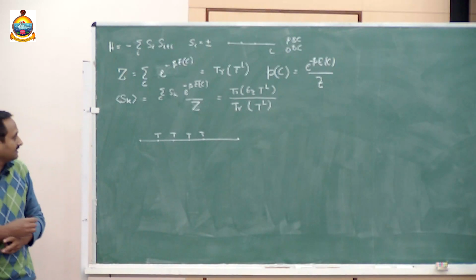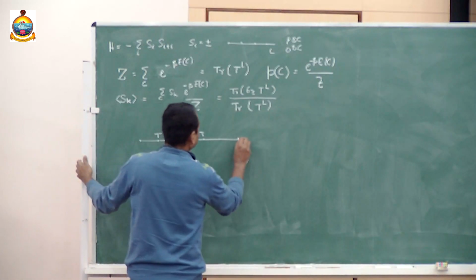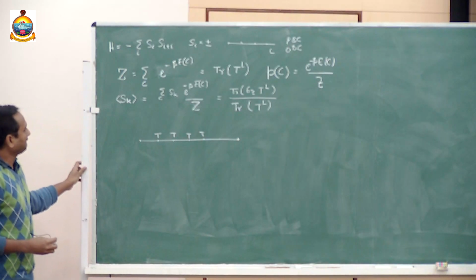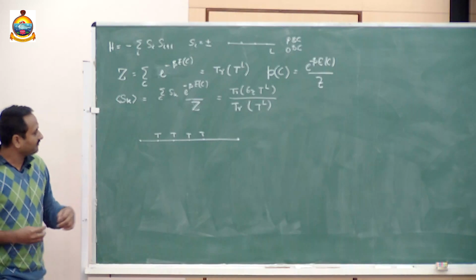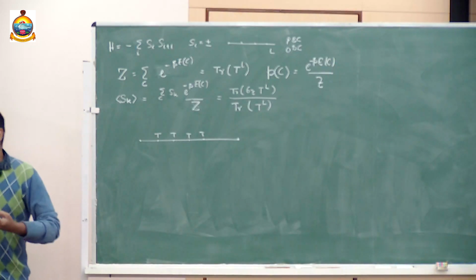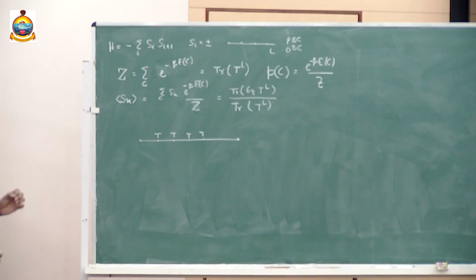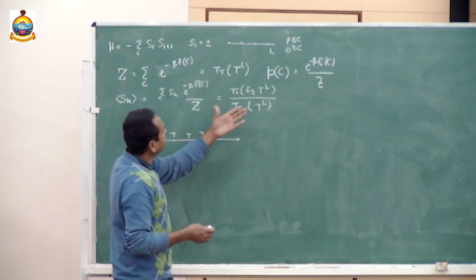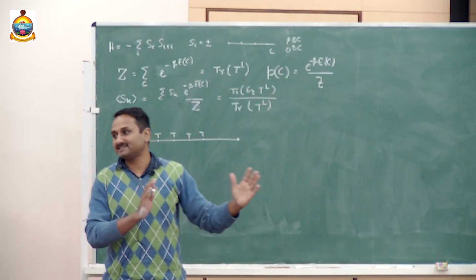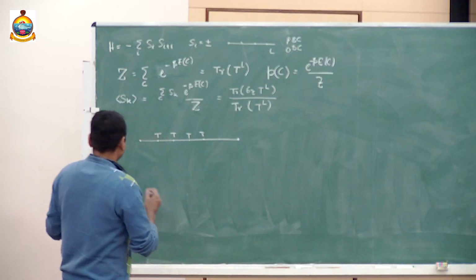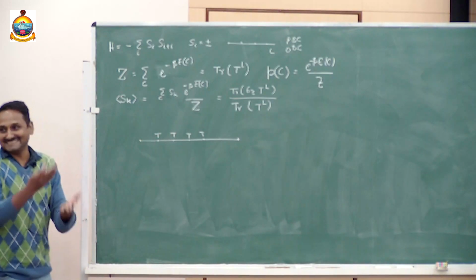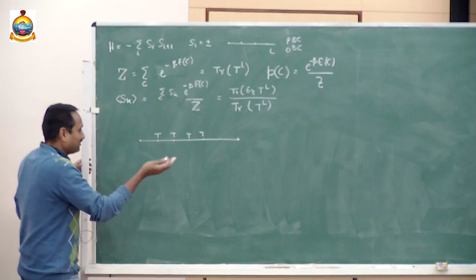Okay. So now, at this stage, let me tell you that Z is the trace of some matrices. What I want to emphasize today, I'm changing the sequence in which I wanted to teach.